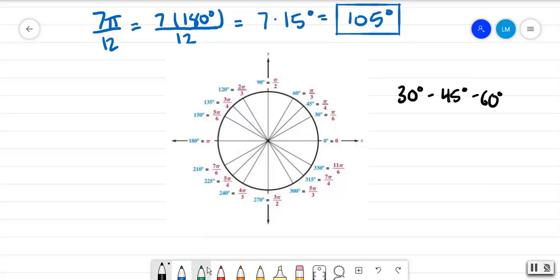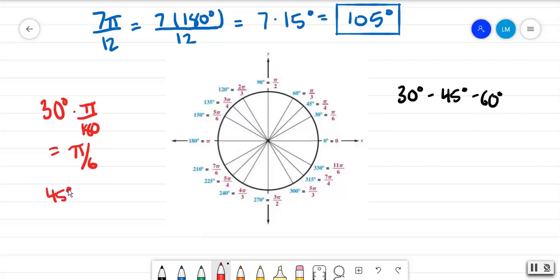One way that you can do that is to run through the conversions. Like, you have 30 degrees times pi over 180, and then you see that basically 30 into 180 is 6, so that's going to be pi over 6. Then you do the same thing with 45.